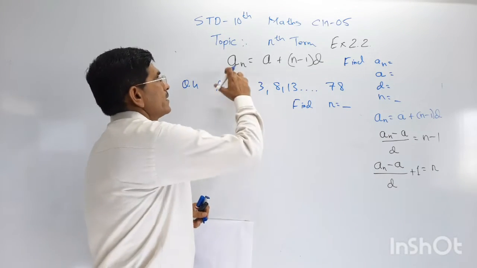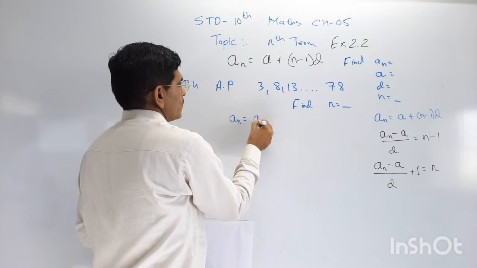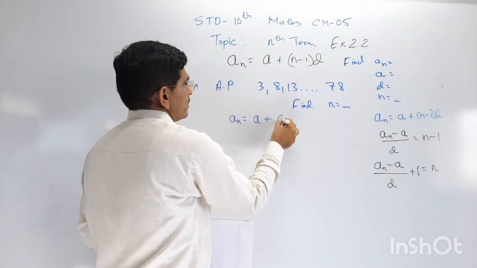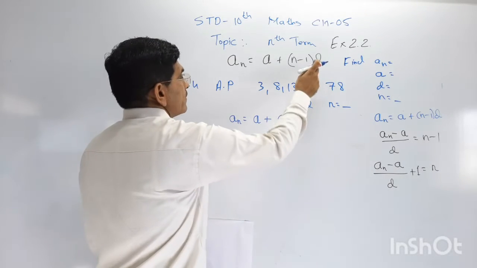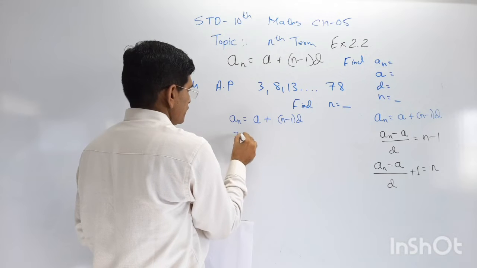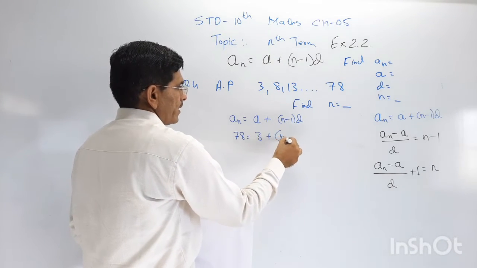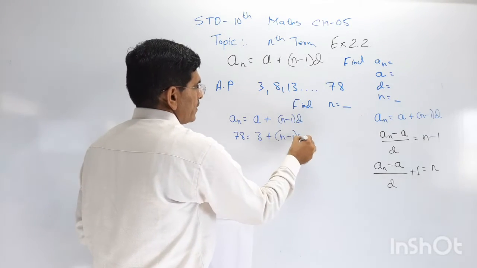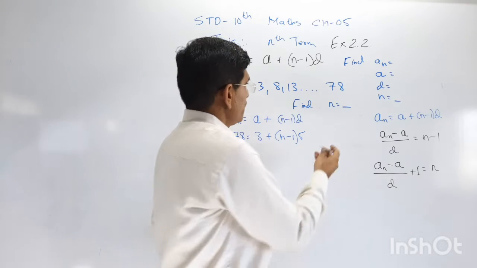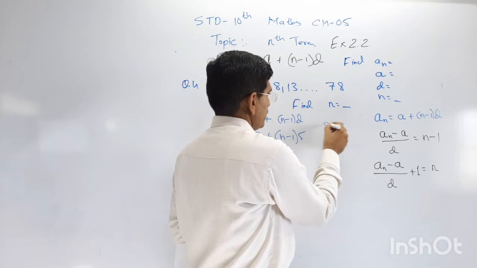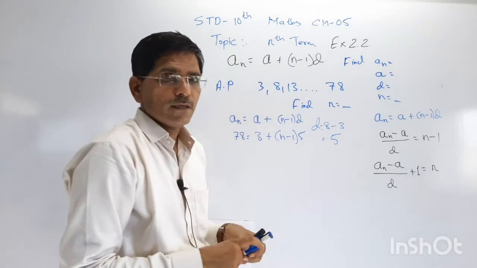Or by applying here, again I am writing an is equal to a plus n minus 1 d. Now an is given, 78. A means 3, and d, how will I find d? That is 8 minus 3, so d is equal to 5.